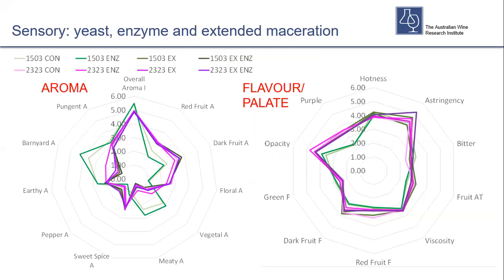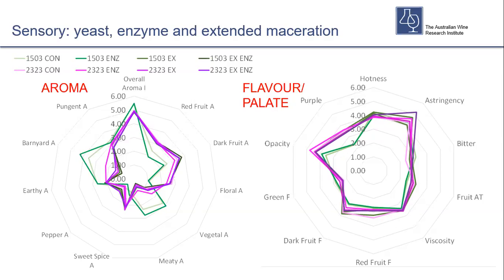And looking here at those changes overall in sensory effects, we can see here that important changes like barnyard flavour and meaty aromas, as well as dark fruit aromas, were significantly affected by that treatment.